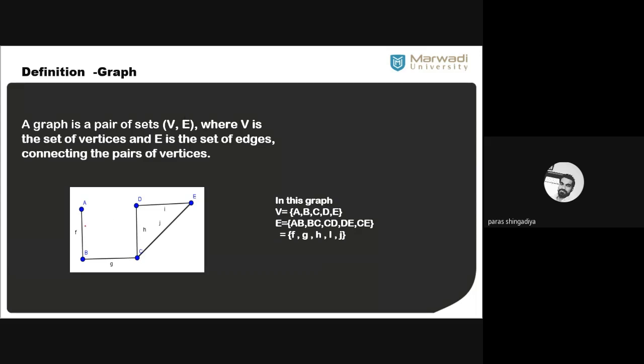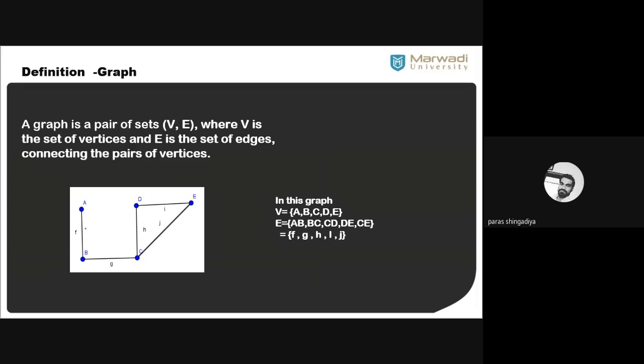So here one graph is given as an example. There are 5 vertices in it: A, B, C, D, E, and this notation is arbitrary. It is not fixed, not standard. We can use any notation in place of that. You can use any other graph in place of that as an example. So here 5 vertices are there and 5 edges are there.